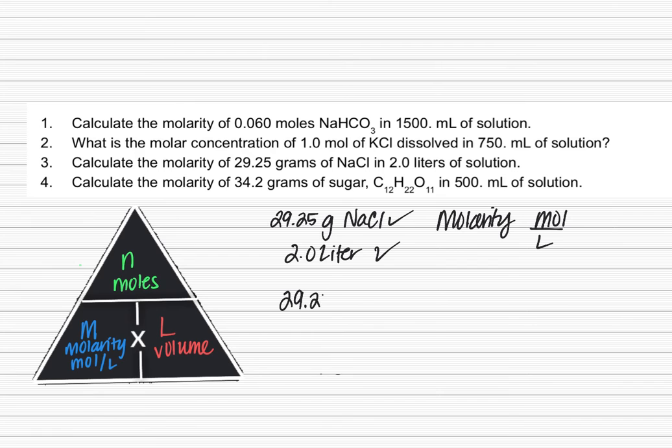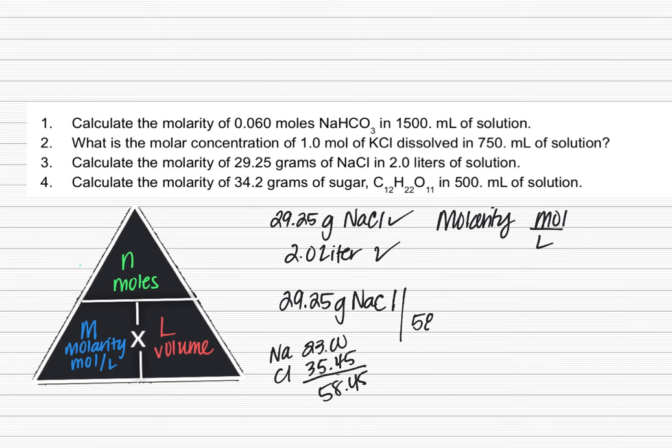So to find how many moles of sodium chloride we have, we would divide by the molar mass. We would look at our periodic table of elements and find that 1 atom of sodium has a weight of 23, and 1 atom of chlorine has a weight of 35.45. If we add that up, we have 58.45 as our total weight for sodium chloride.